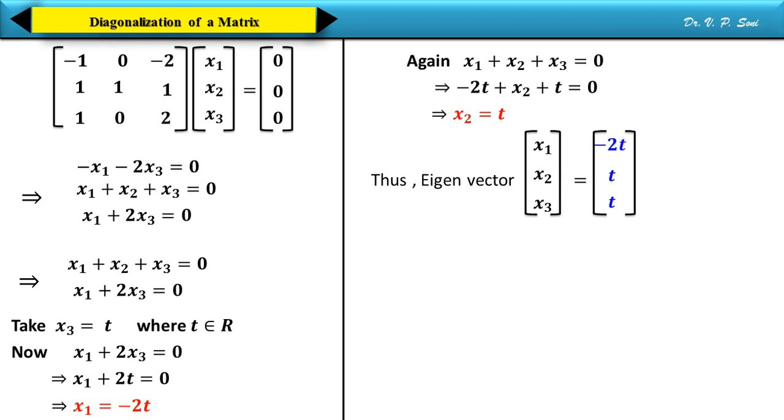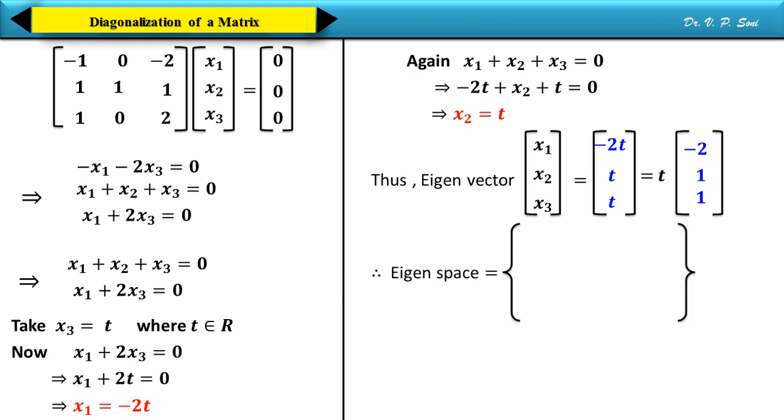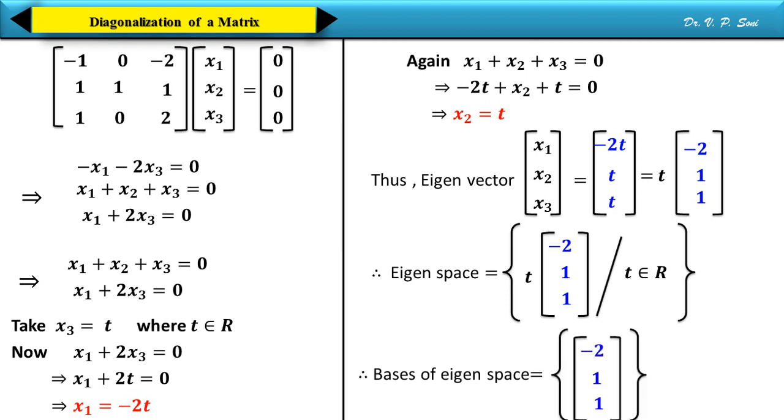Take t as a common factor, then we get t into vector (minus 2, 1, 1). Therefore the eigenspace is the set t into vector (minus 2, 1, 1) such that t belongs to R. Therefore the basis of the eigenspace is the set containing vector (minus 2, 1, 1). Here the basis of the eigenspace contains only one vector.